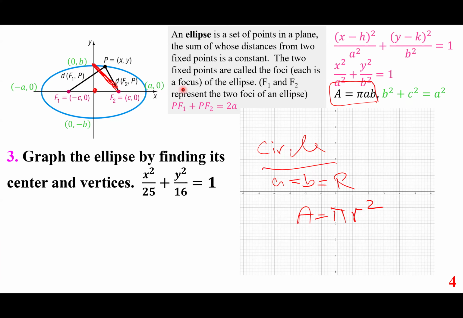And the reason is actually fairly simple if you draw this one, because the sum of these two, if you put the P here, PF1 and PF2 is fixed, and it's equal to 2a, so each one must be a.